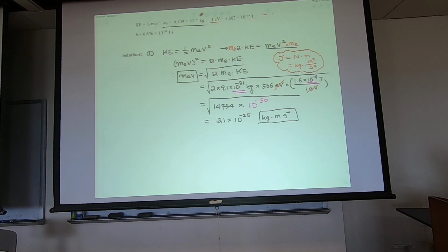Number 2 is the de Broglie wavelength, which is h over mv. All I need to write down is 6.6 times 10 to the minus 34, over 121, and then this is a kilogram meter per second.